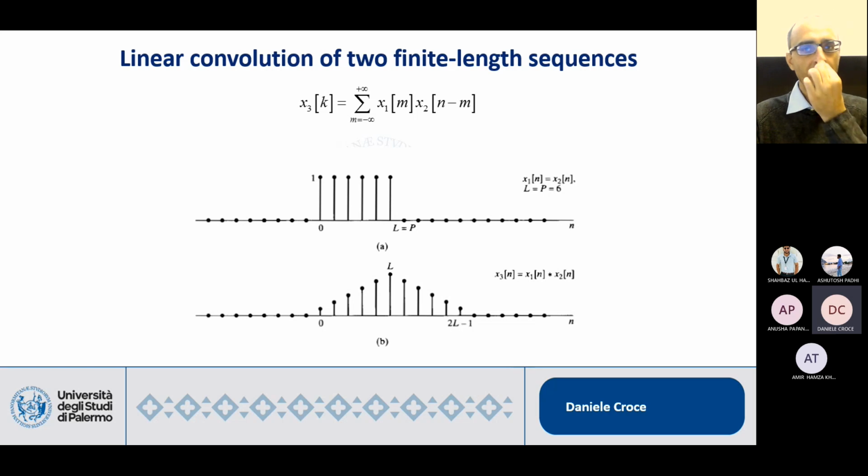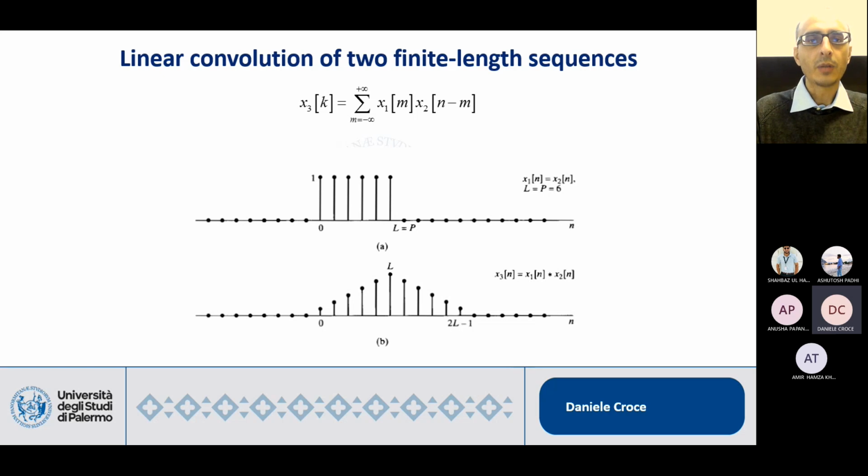So let's consider now again the linear convolution of two finite length sequences. This is what we have explained just now. You have an infinite sum this time, and it's linear, so it's not circular. If the two sequences are two rectangular sequences, what you obtain is this triangular sequence.